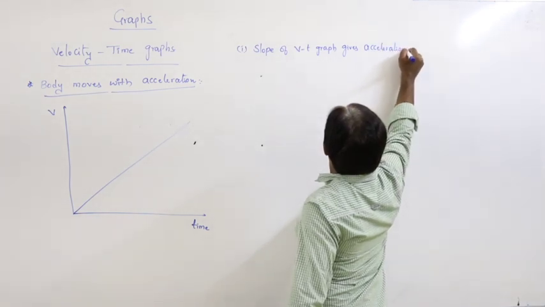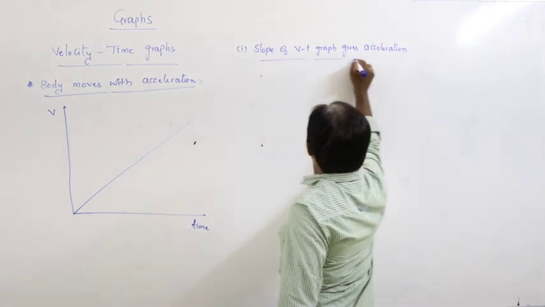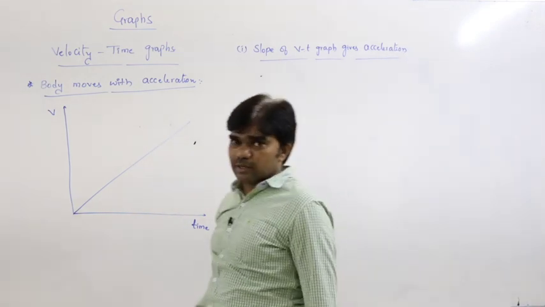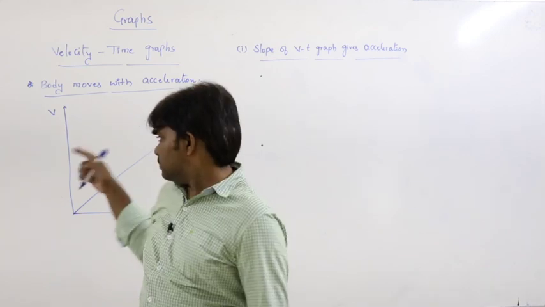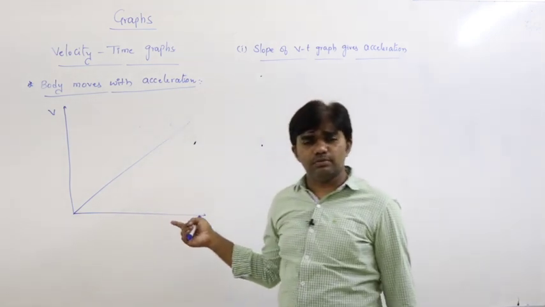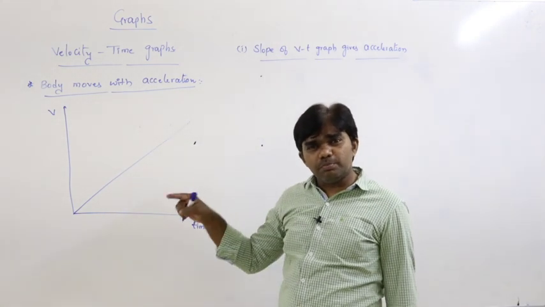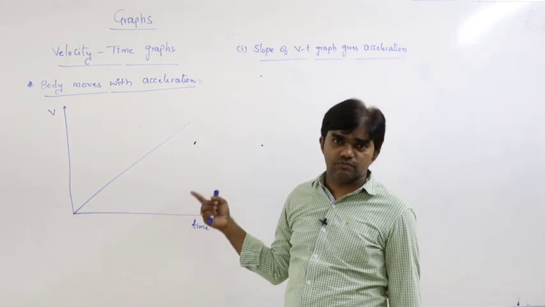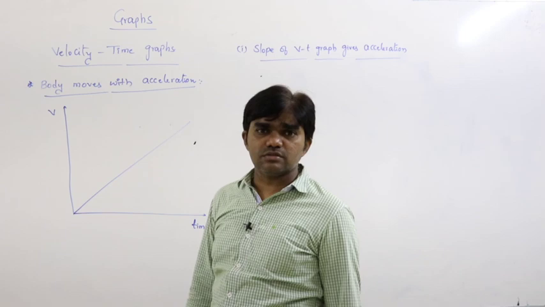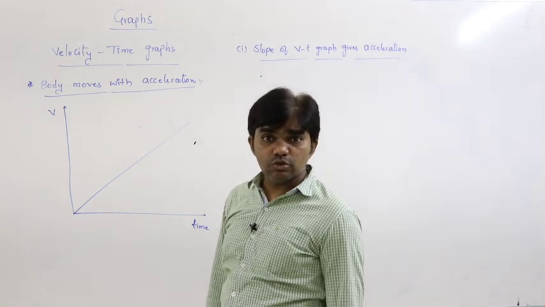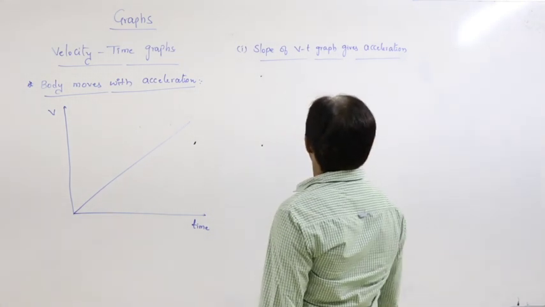This is the first one. In the previous case also we calculated the slope. What is that slope? Slope of the displacement time graph gives velocity. In the same way here, slope of velocity time graph gives acceleration.